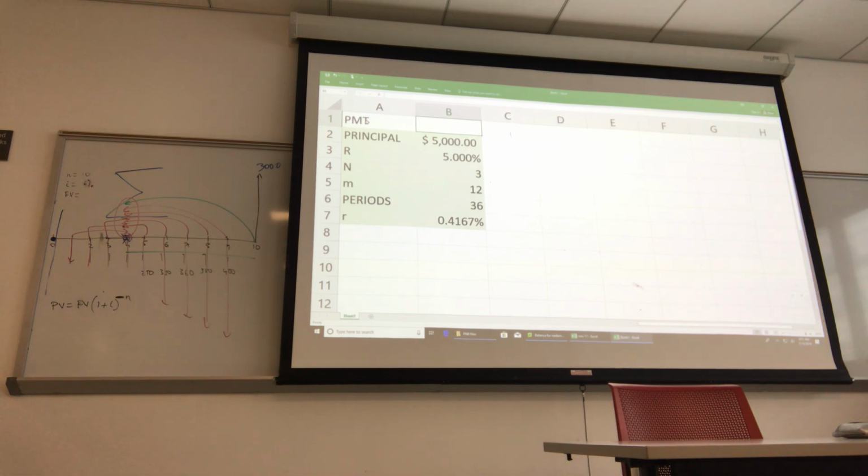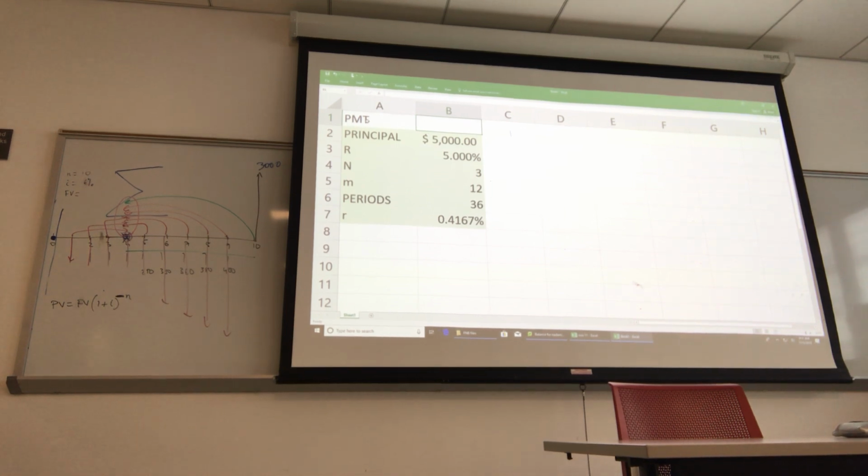How do I find out the payment? What do I do? I can't hear you. Use the PMT formula. I use the PMT formula, the payment function.